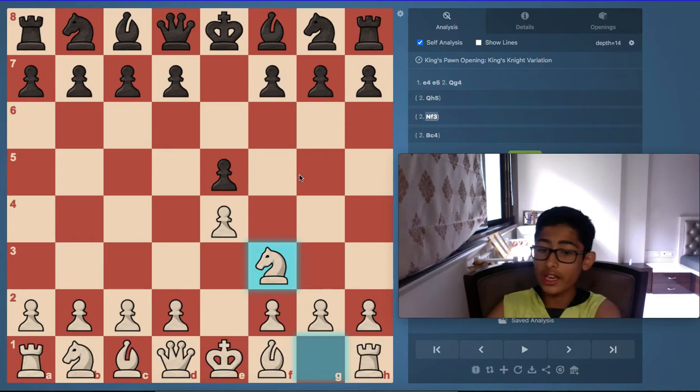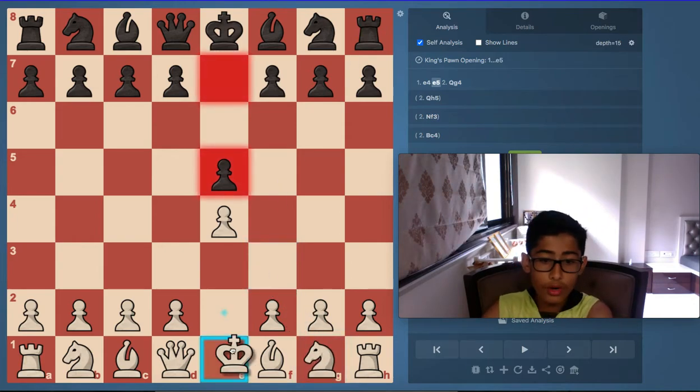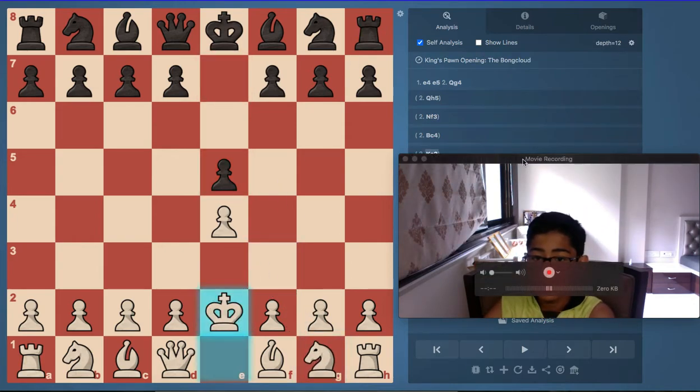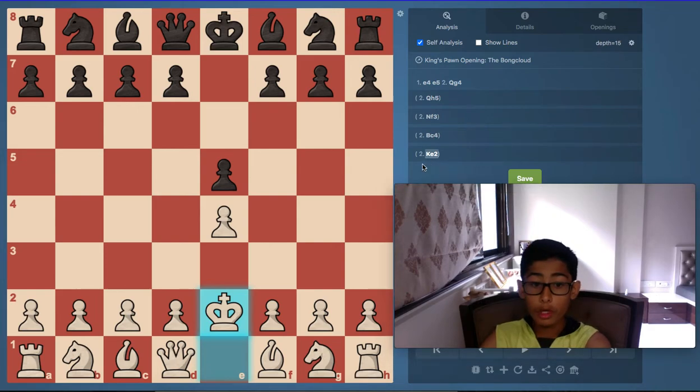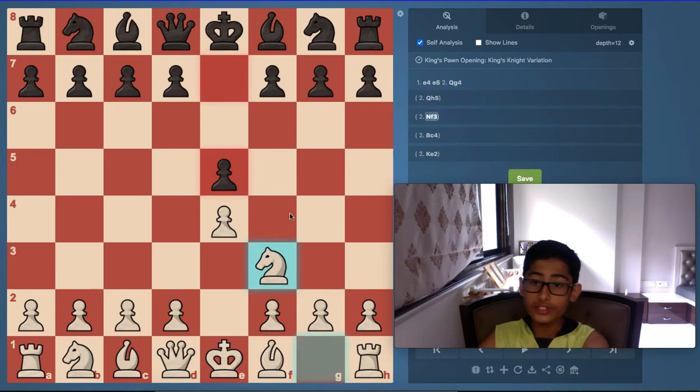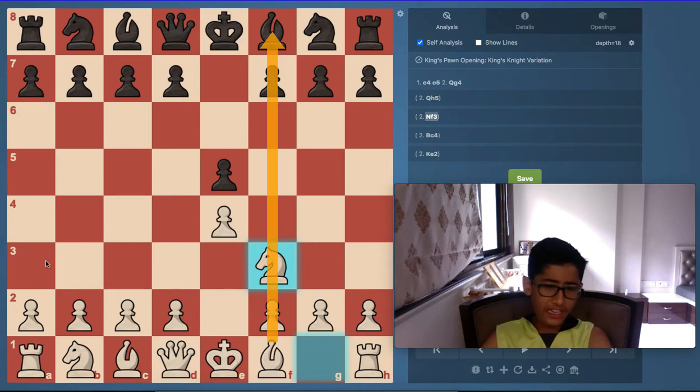Because king is of higher value, so K is used for the king. In chess, a knight move is always regarded as N. Okay, this is for the f file and third rank. So this is called knight to f3.